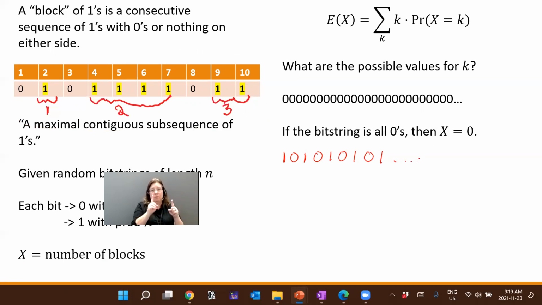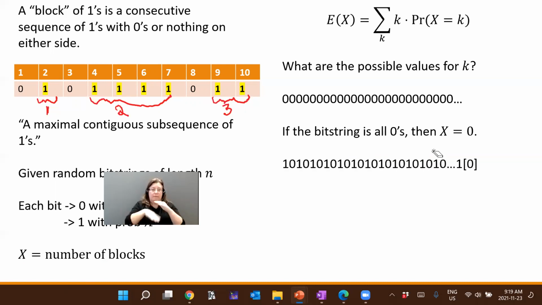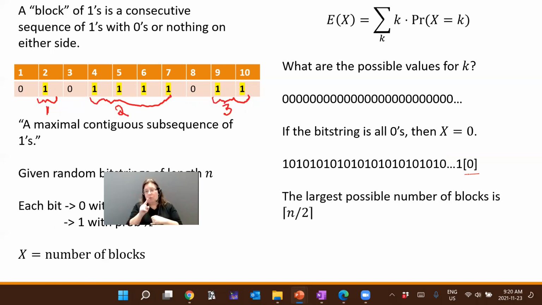If I start with 1 and then 0, 1, 0, 1, 0, 1, then I have basically the maximum number of these blocks that I can have. And then depending on whether it's even or not, I end with either a 1 or a 0. So in this case, the largest number of blocks I can have is the ceiling of n over 2. So it's either n over 2 or n plus 1 over 2. Sorry, I almost said n over 2 plus 1.